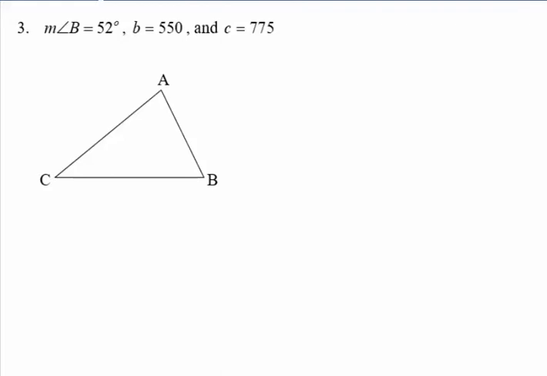In this problem, we're told that the measure of angle B is 52 degrees, side B is 550, and side C is 775. So let's go ahead and start solving. Since I know side B and the measure of angle B, I'm going to start there.